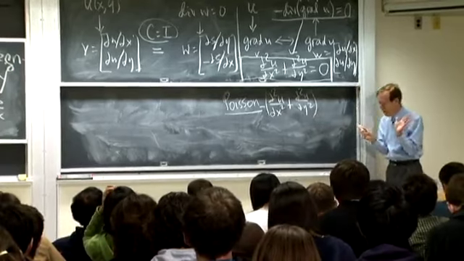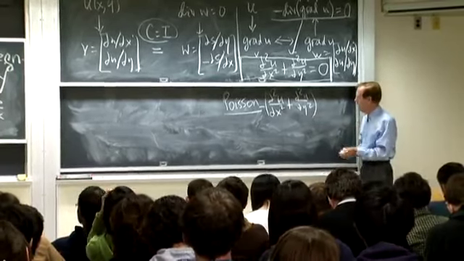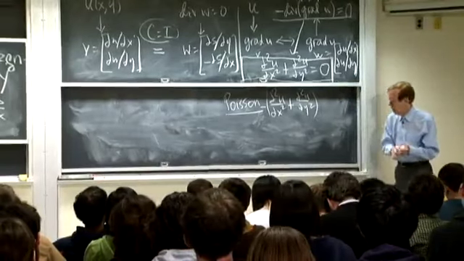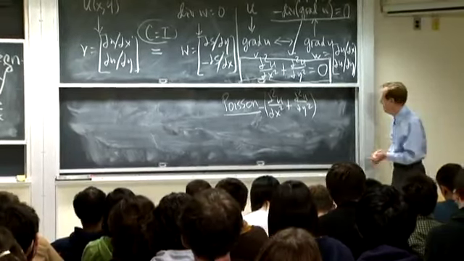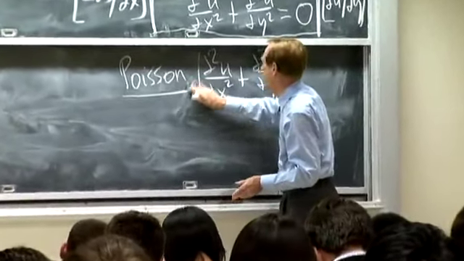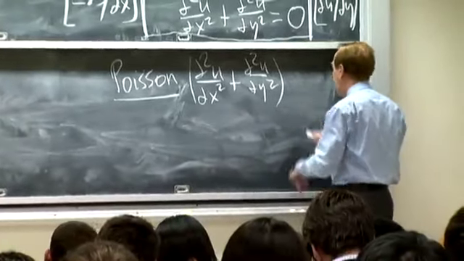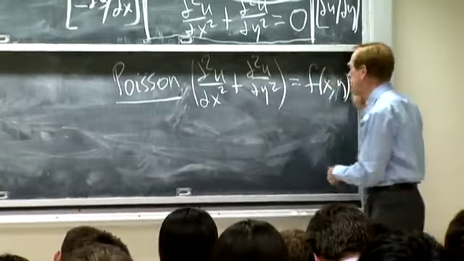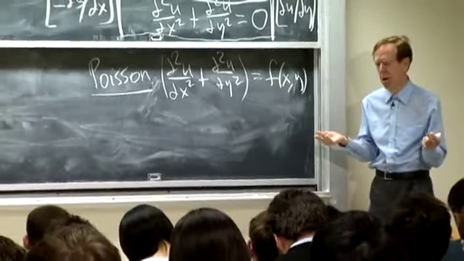I mean, that sounds crazy that the minus makes it positive. But these second derivatives are negative definite, as always, and the minus makes them positive definite. So I often include the minus over here, equal f of x and y. So there's a source. Poisson has a source term.